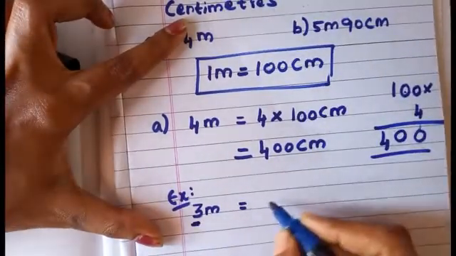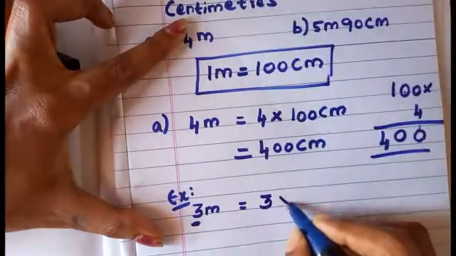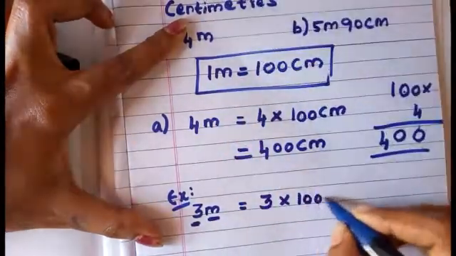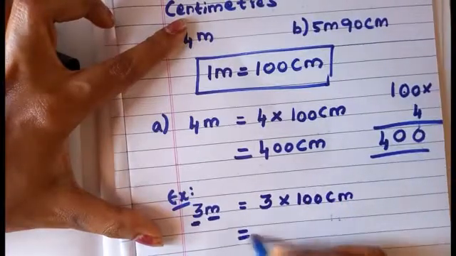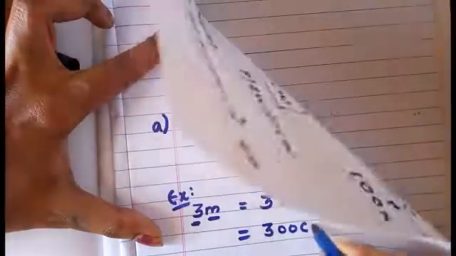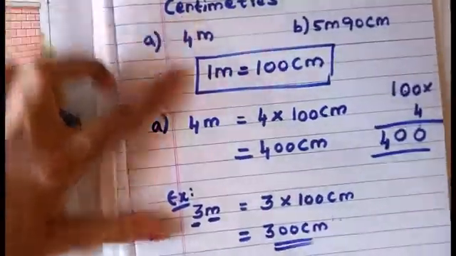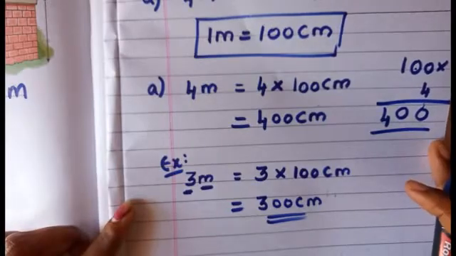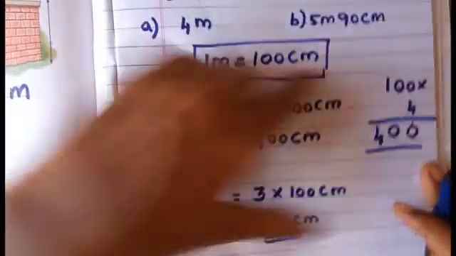This 3 you have to write here. 3 into this meter. 1 meter is equal to 100 centimeter. So 3 into 100 centimeters equal to 300 centimeter. So it's very easy, right? 300 centimeter.